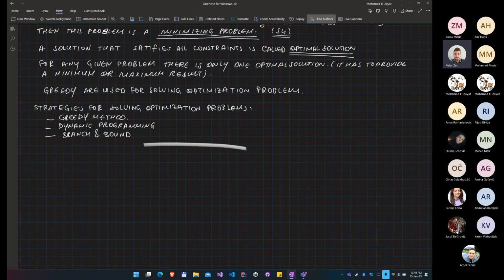All right, so let's talk about minimum spanning trees, or for short, MSTs.